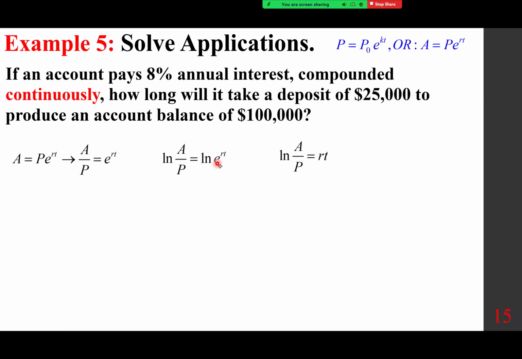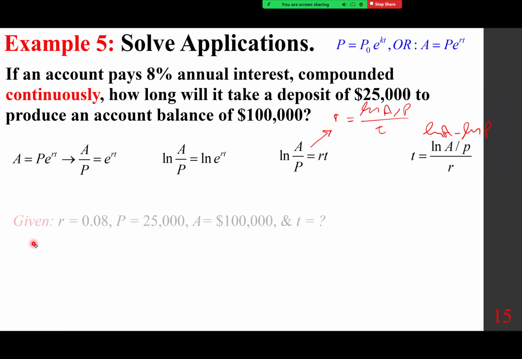And if I'm interested in T, it would be the left side divided by R. So T is ln of A over P divided by R, or you can say ln A minus ln P, but it doesn't matter. In fact, one may be interested in calculating R, and that's ln of A over P divided by T. That would also be a possibility of solving for the rate, if the rate is missing.